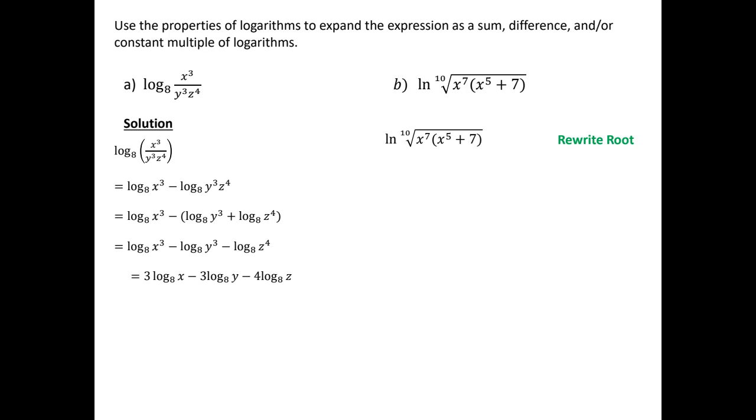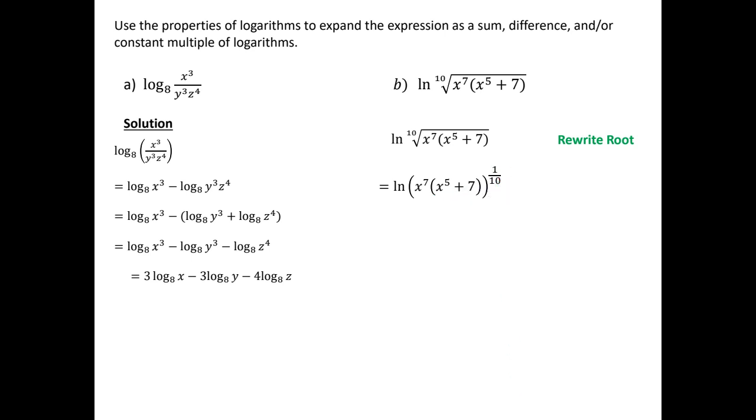Now for letter B, we have the 10th root of all of this stuff, right? So first, let's rewrite that 10th root as a fraction, as an exponent. So we end up with x to the 7th times x to the 5th plus 7 raised to the power of 1/10.